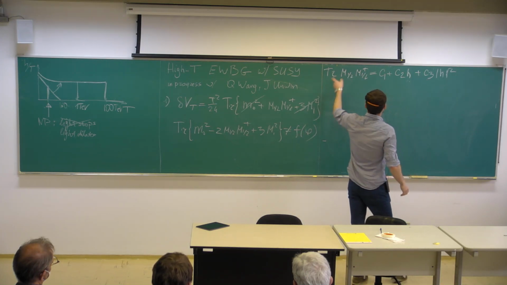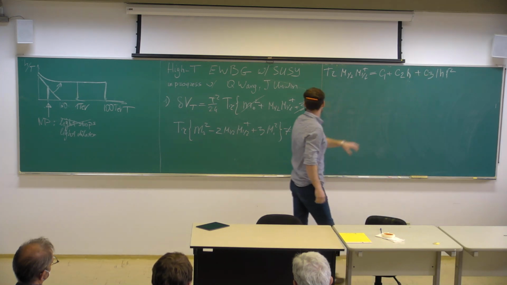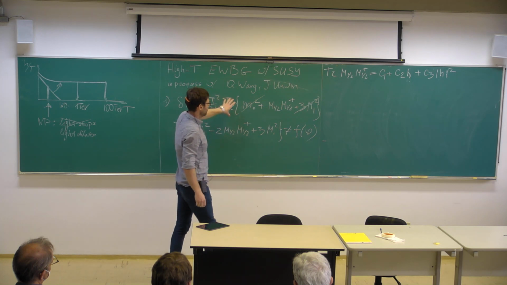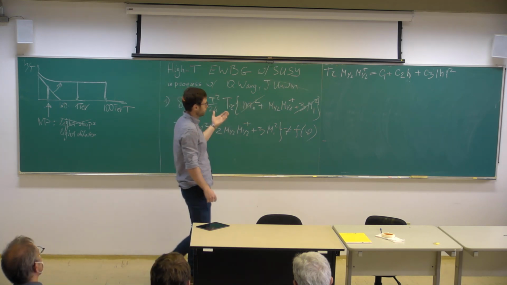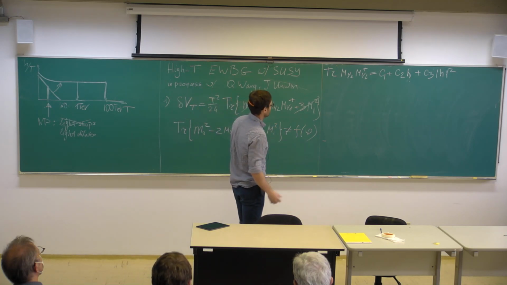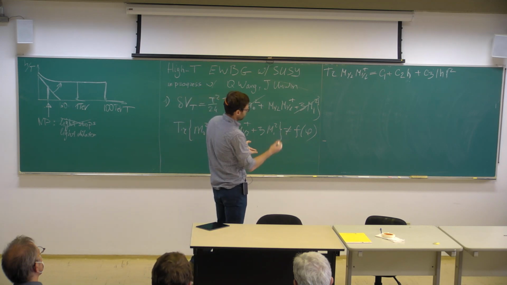That means that this correction gives a positive mass. So there will be plus Higgs squared times temperature. So if you're renormalizable, you get a positive correction to the Higgs mass. So that's it. That's pretty okay.